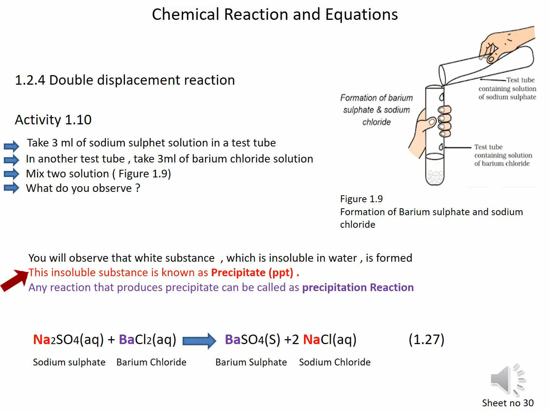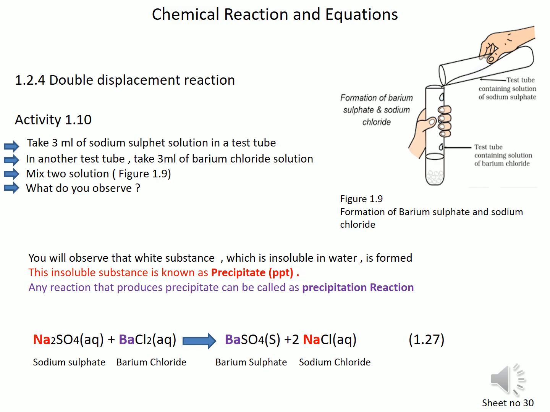This insoluble substance is known as a precipitate, in short written as PPT. If you study chemistry further for BSc, you will come across this word again and again, precipitate. Any reaction that produces a precipitate can be called a precipitation reaction.